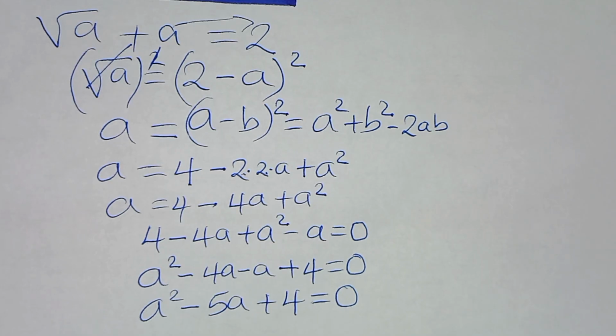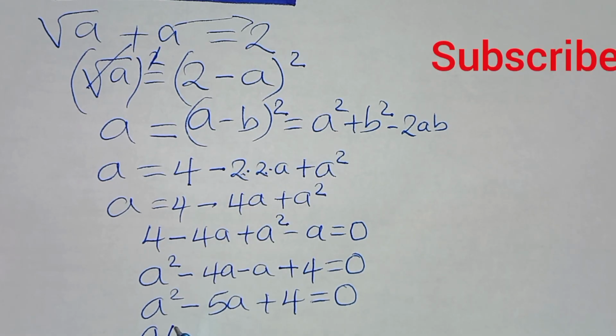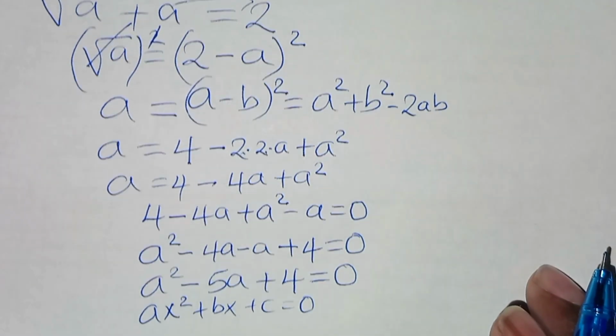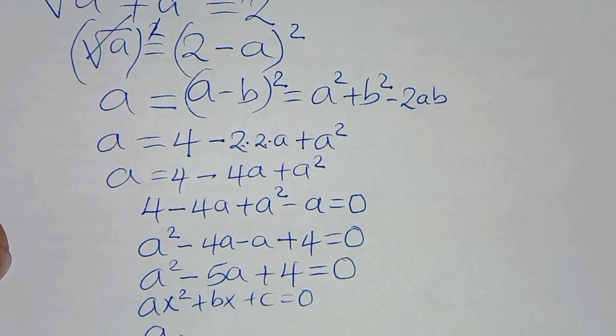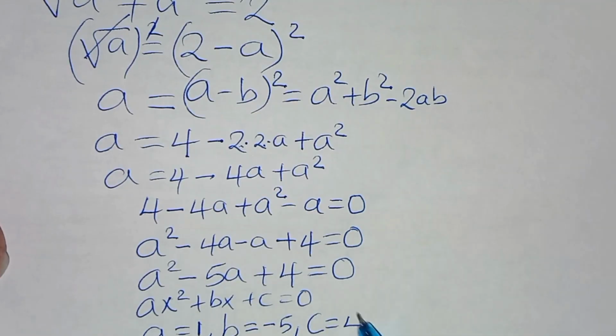This is a quadratic equation of the form ax squared plus bx plus c equal to 0, where a is equal to 1, b is equal to negative 5, and c is equal to 4.